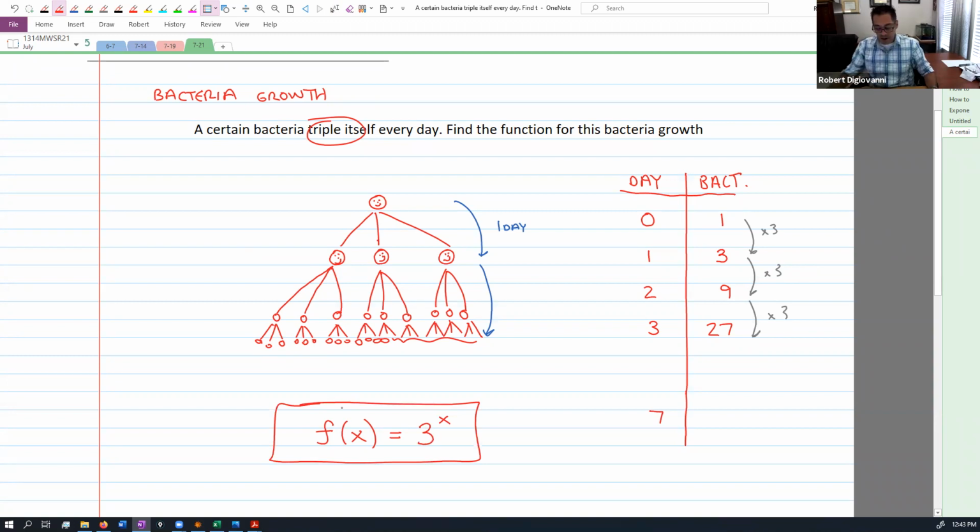So get your calculator out and figure out what 3 raised to the 7 would be. How many bacteria are there after a week? 2187.